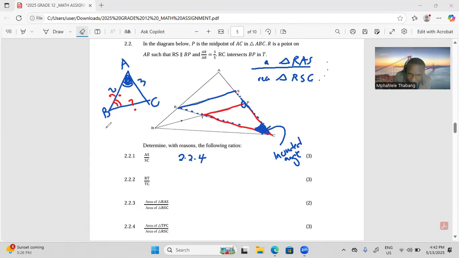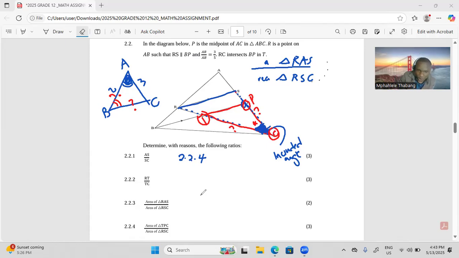In this case, see the side PC and the side TC, these two sides, and consider this angle C as the included angle. If you do this, you will be able to calculate the area of triangle TPC using what we call the area rule.